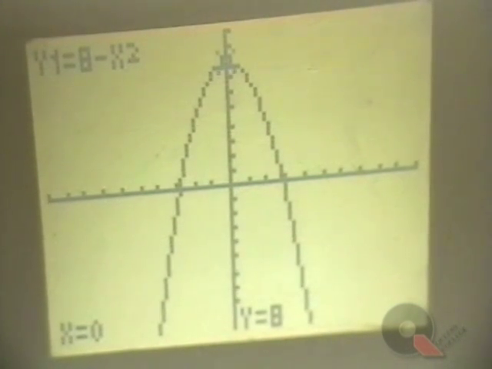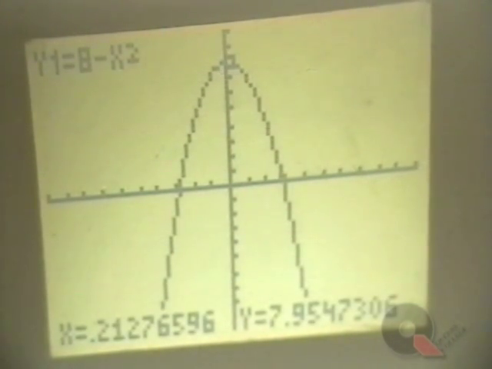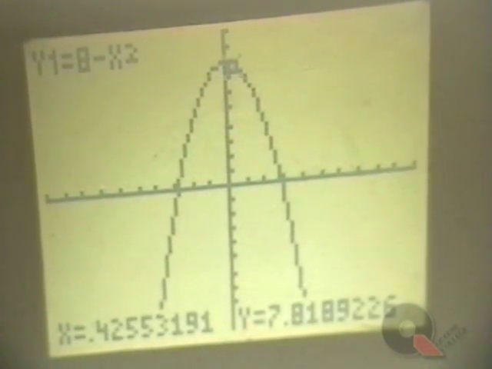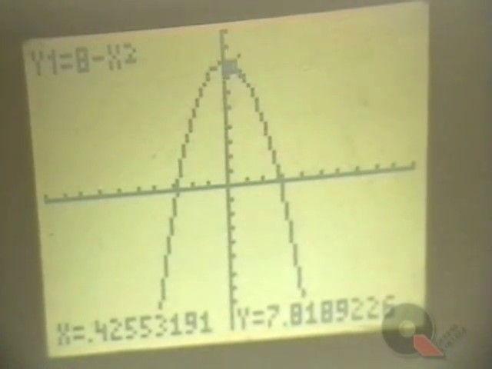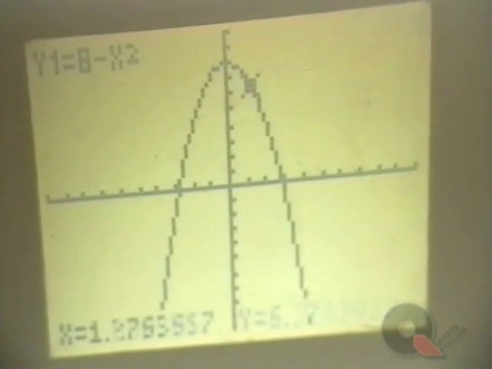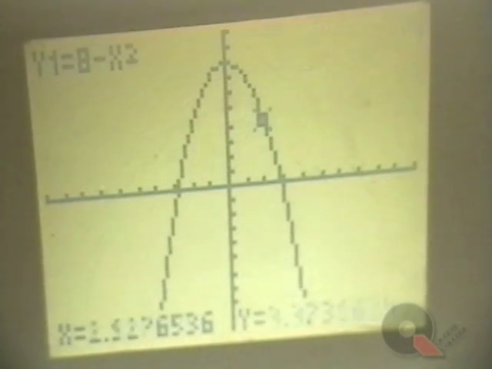So x equals 0, y equals 8. The next point it gives me is x equals, say, 0.213 something, y equals 7.955 approximately. We go again, 0.426, comma, 7.819 approximately, and we keep moving, generating various points on the calculator.